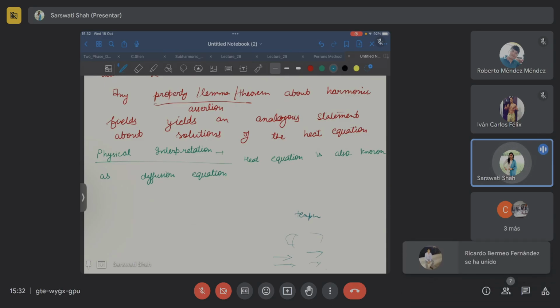So because of the movement or spreading of the physical property, that is heat or concentration of the particle, we call it a diffusion equation.